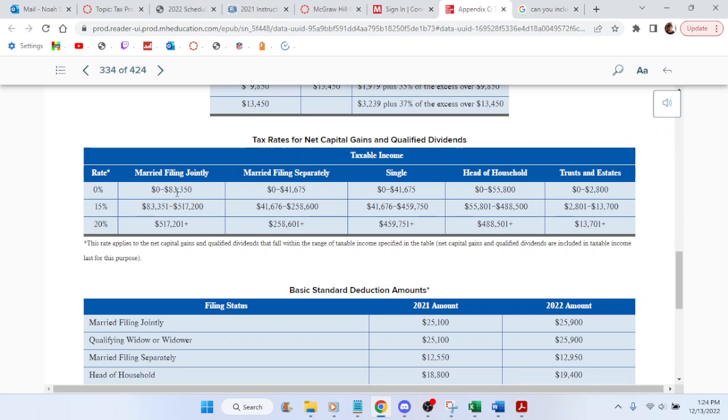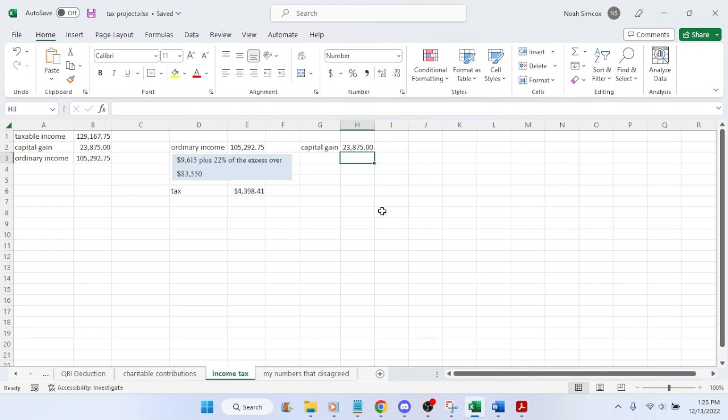And, oh my, wait, hold on a sec. They did end up over 83,000, so they are in this bracket, therefore they're at 15% rate. They are at the 15% rate for capital gains. 15%.